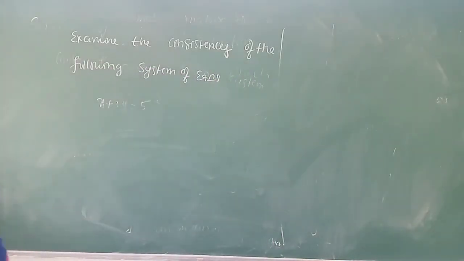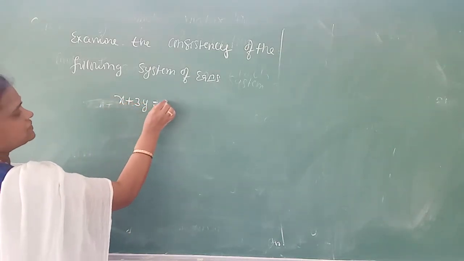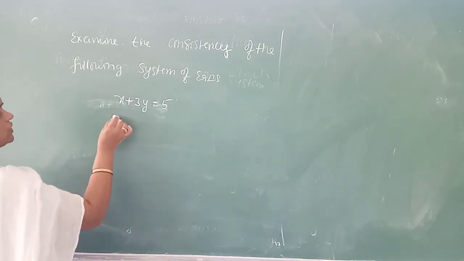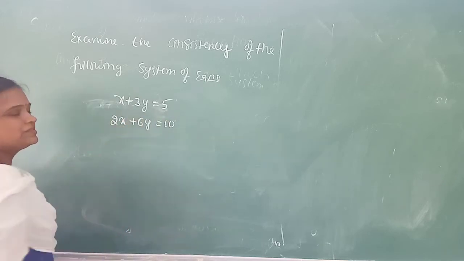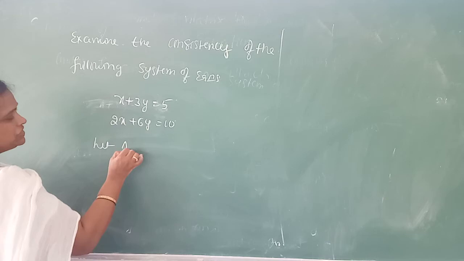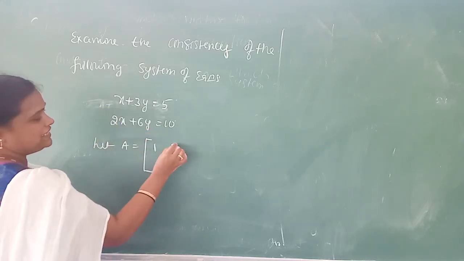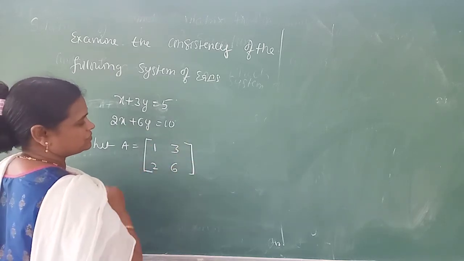Next example: x plus 3y is 5, 2x plus 6y is 10. Solution. Let matrix A be the coefficients of x and y: 1, 3, 2, 6.